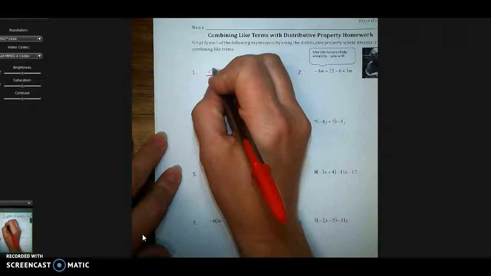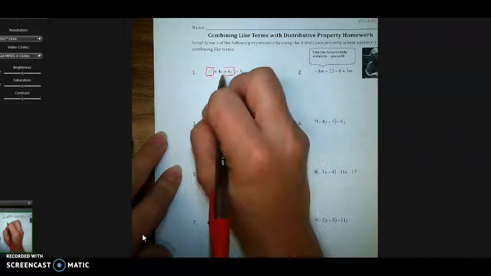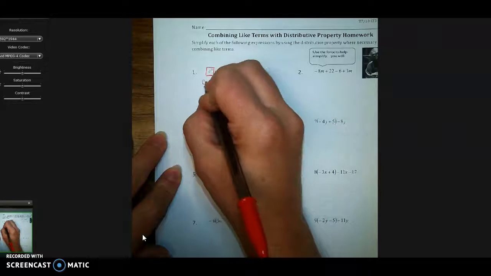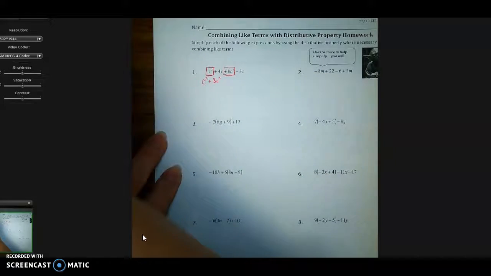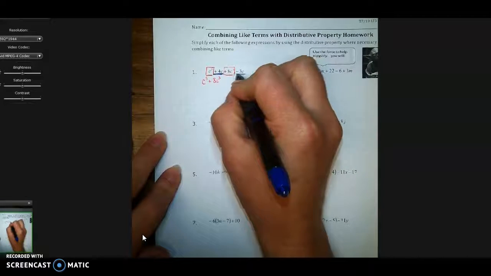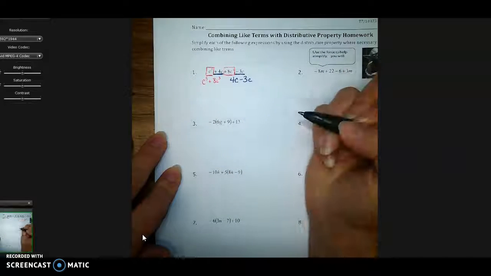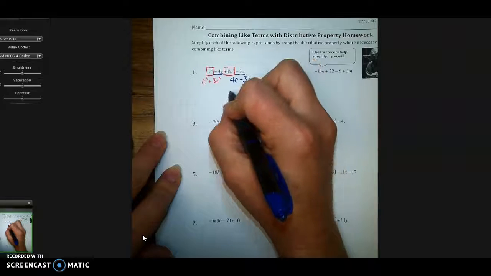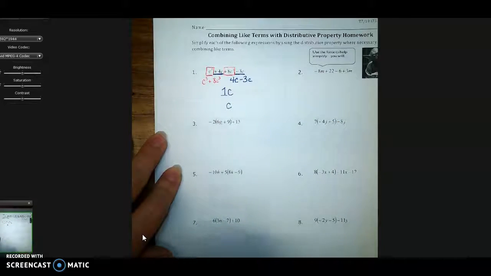When I do this, remember, I can use colors or shapes, and I box around, and I always make sure that if there's some sign in front, I take it with it. So I can think of this also as c to the third plus 8c to the third. I then have a positive 4c, and I can think of it as 4c and a negative 3c. 4 minus 3, then I look right at those coefficients up front, and I get 1c, which we typically just write as c.